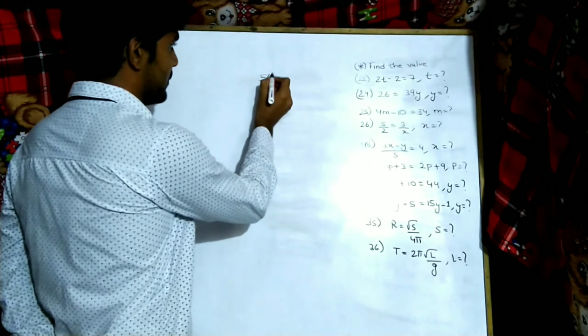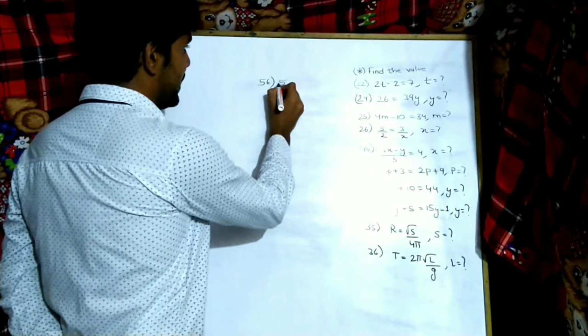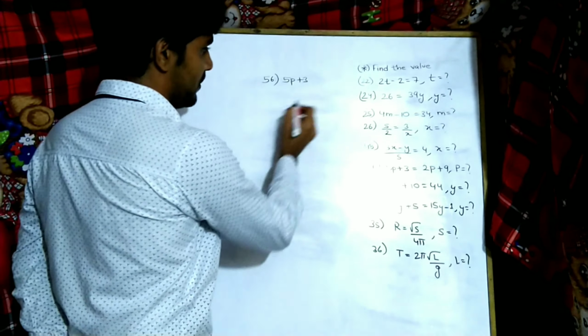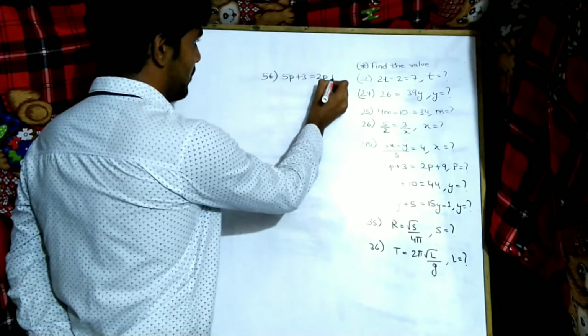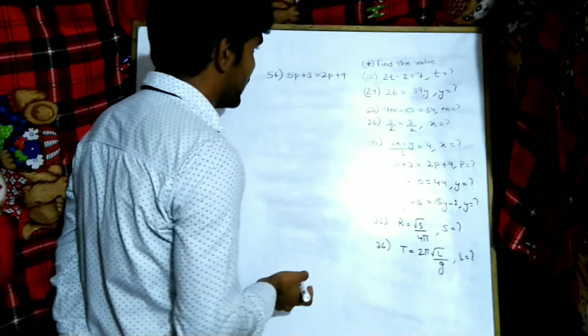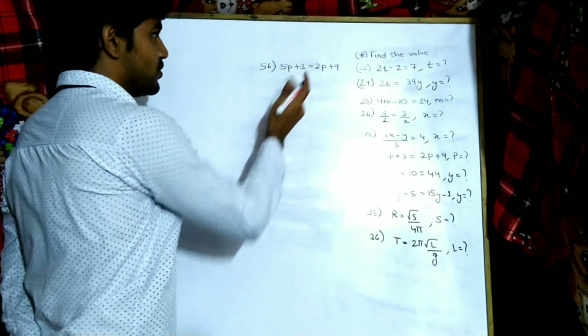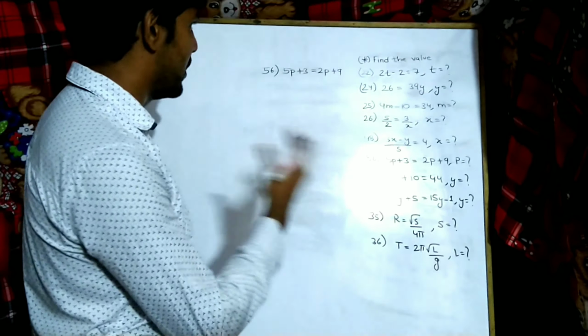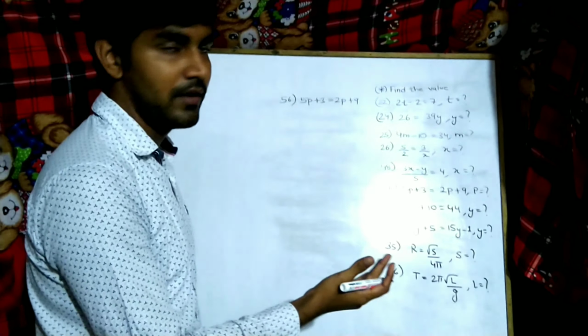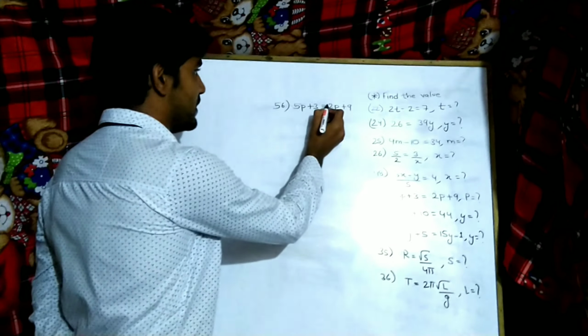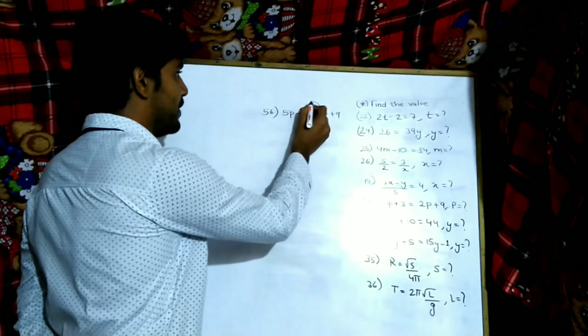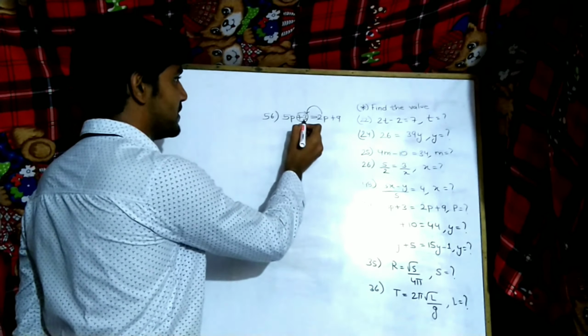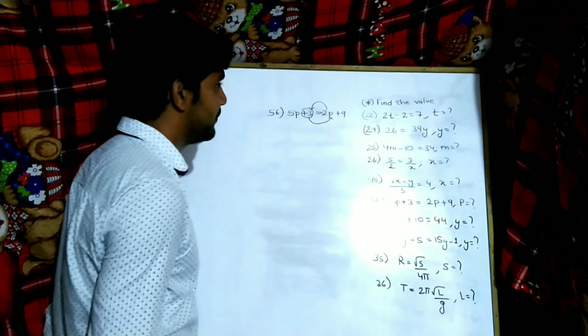Now 56. 5p plus 3 is equal to 2p plus 9. We have to find the value of p. So I said already, p term one side as variable and one side all numbers. So this plus 2p goes that side and this plus 3 goes right side.